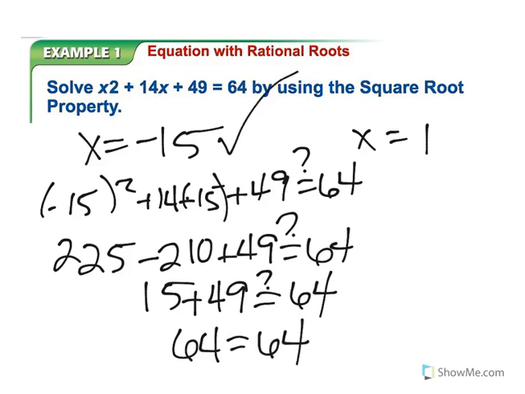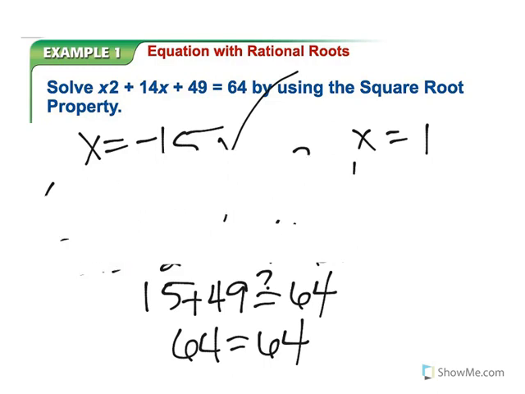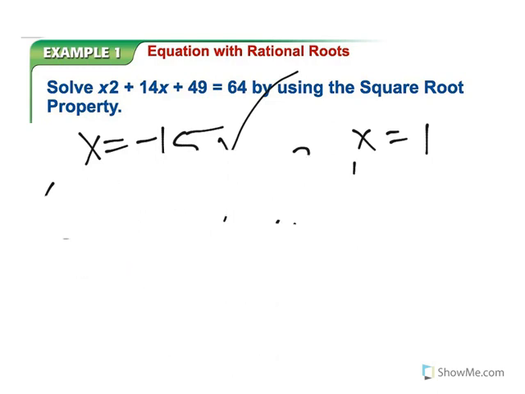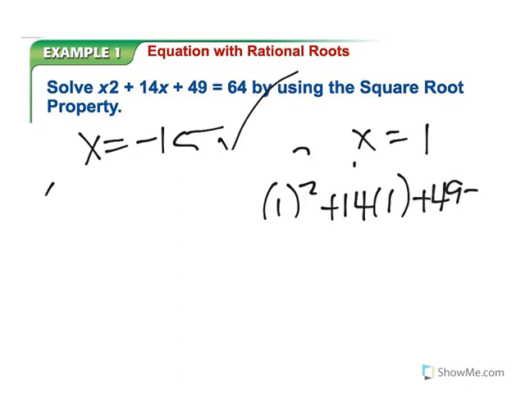So we know that negative 15 for sure is one of my answers. Now I'm going to do the exact same thing and plug in 1. So we get 1 squared plus 14 times 1 plus 49. Does that equal 64?